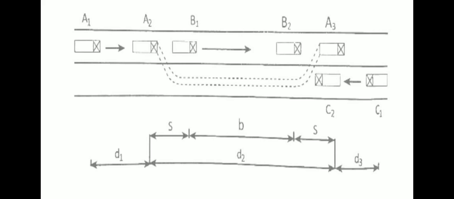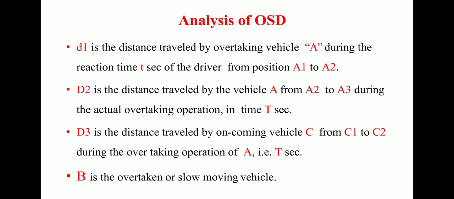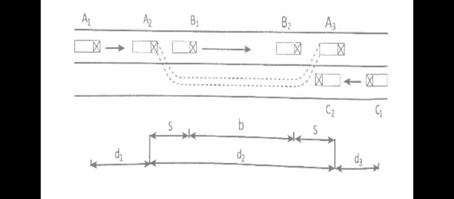B1, B2 is the second vehicle and b is the distance between them. So here are three vehicles A, B and C. D1 is the distance traveled by overtaking vehicle A. This A1 is going to overtake B and go again to its position A3.